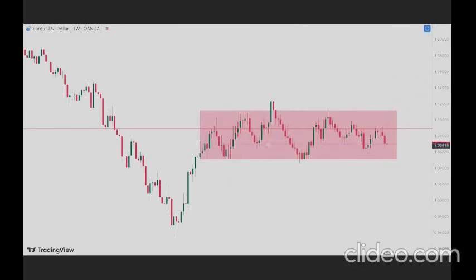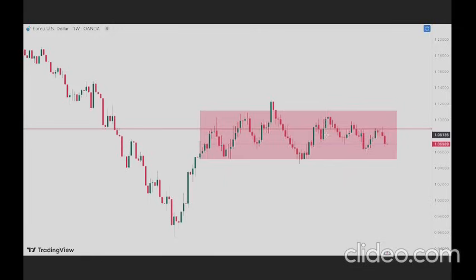Since, as you can see, the market moved sideways for a very long time from this point to this point because it seems like it's a consolidation because it is in a big time frame. Weekly time frame is a big time frame.